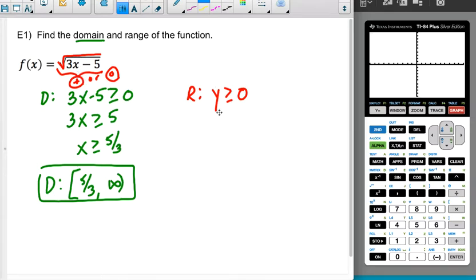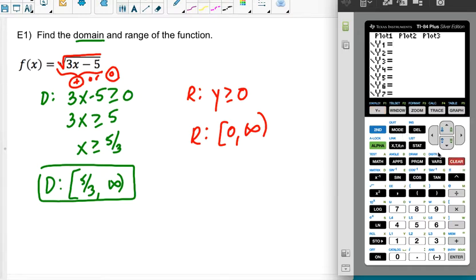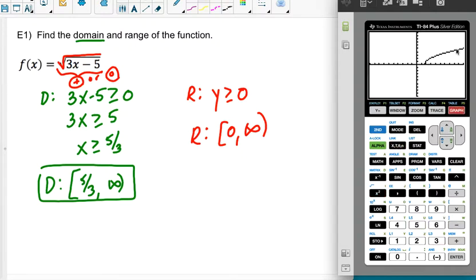You can either write it this way, or you can write it as 0 to infinity. And you can see that if you were to graph this. If we were to graph in our calculator the square root of 3x minus 5, you're going to see that, sure enough, the range is from 0 upward.